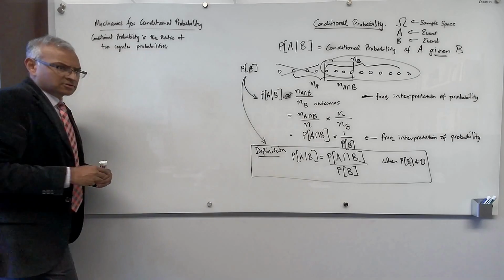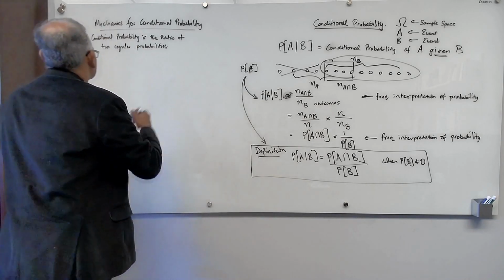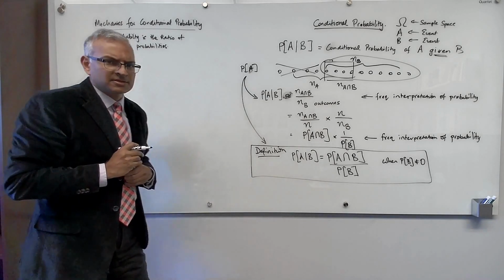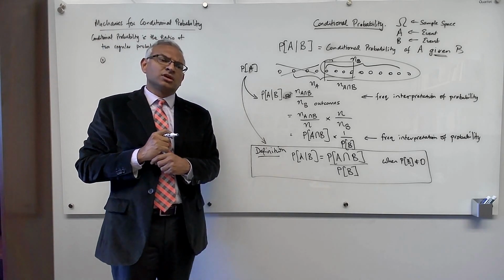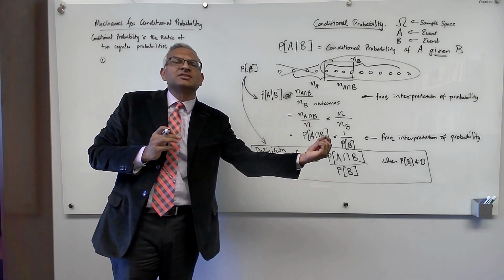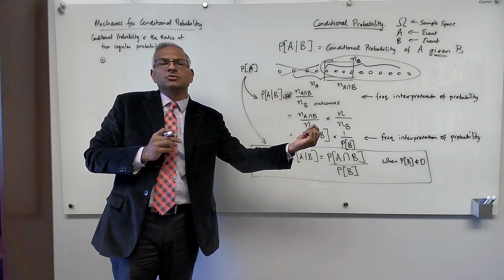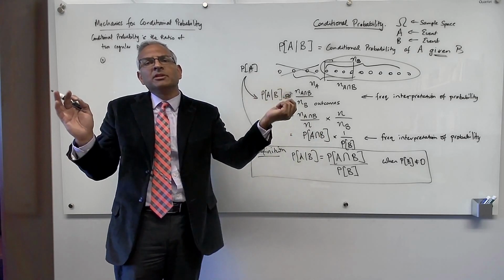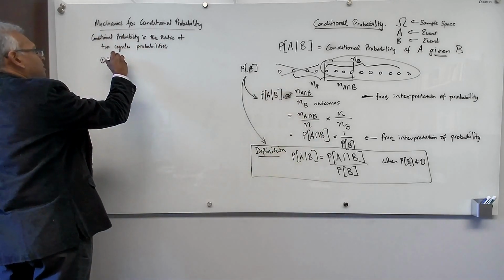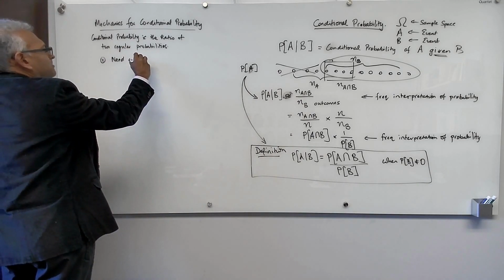So here's a cheat sheet, a workflow. The first thing you need to understand is that you're being asked to compute a probability and you're being given some side information. So you need to realize that conditional probability is relevant.